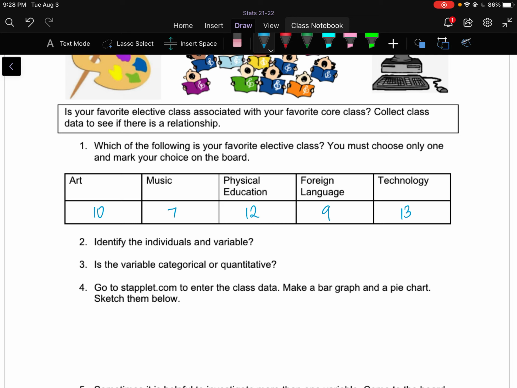Question 2 wants us to identify the individuals of this data set as well as the variable. The individuals are going to be the students that responded.